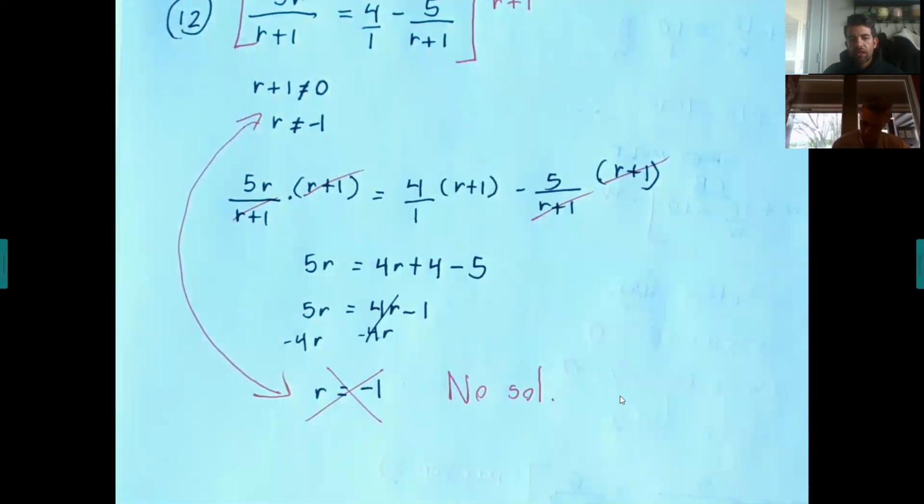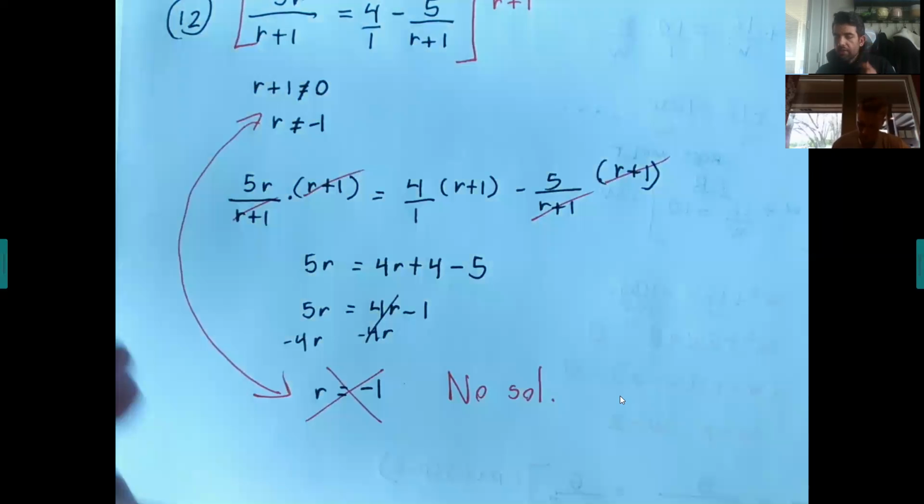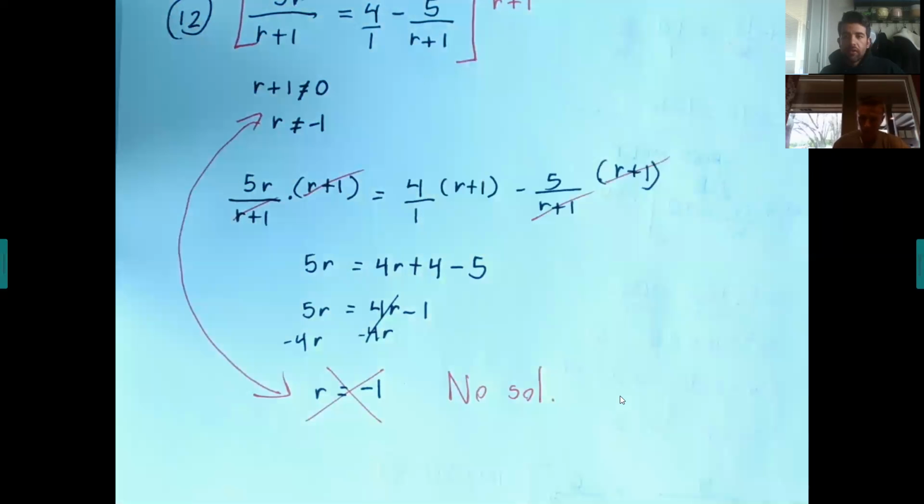Now, there could be a chance that you have several solutions, and only one is not defined. Does that make sense? Kind of like on the last one, we had 2 answers, right? And one of those answers could have been fine, and the other one could have been extraneous. You with me?